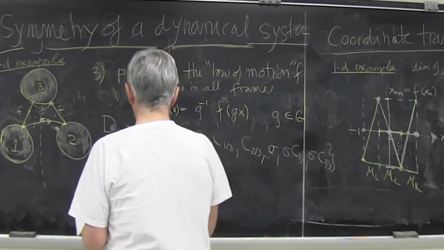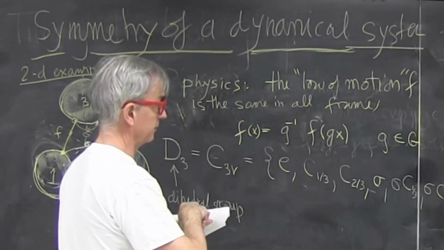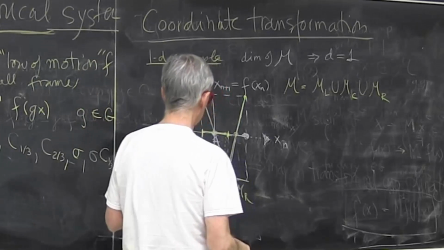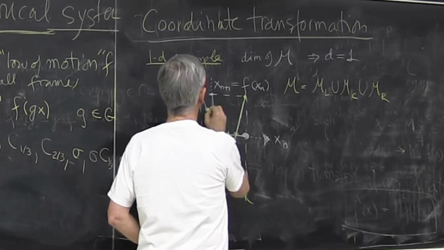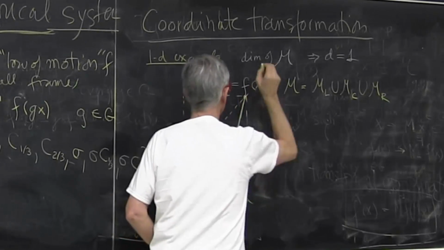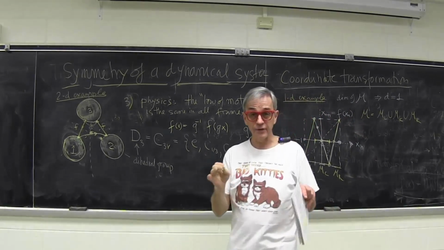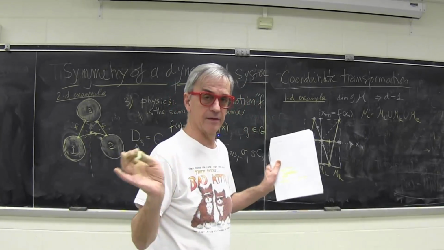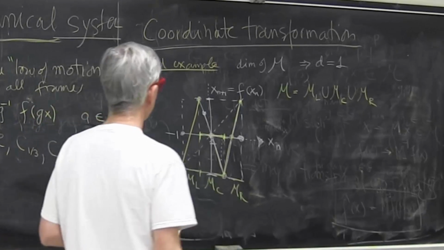So how does invariance of the law of nature work in this case? For example, if I start here, and again, please stop me if you don't understand how the one-dimensional map works. I mean, it's important and we'll use it a lot.